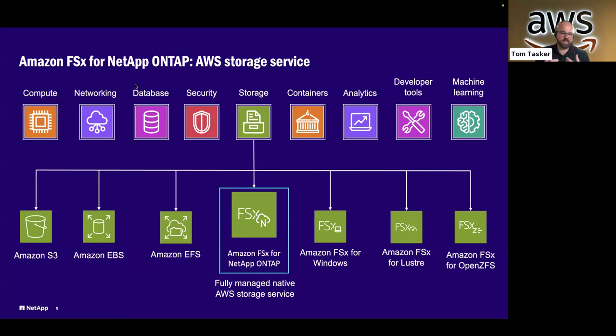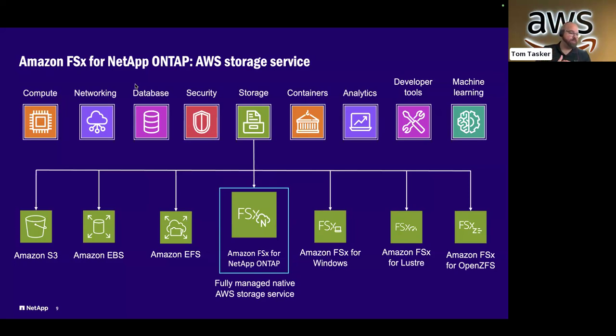So if we focus in for NetApp ONTAP, naturally as we would, it really is ONTAP under the hood. So this isn't AWS or somebody else trying to make it look and feel kind of sorta like the NetApp ONTAP operating system. It is ONTAP. This is a copy of the software that we receive from NetApp. We then put onto our infrastructure that we saw under that shared responsibility model and then make available for customers.